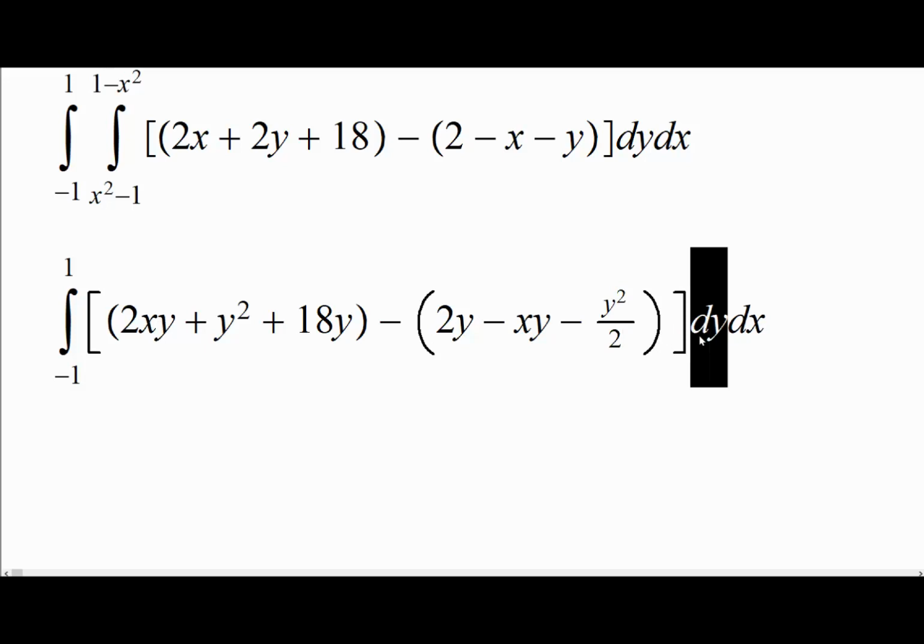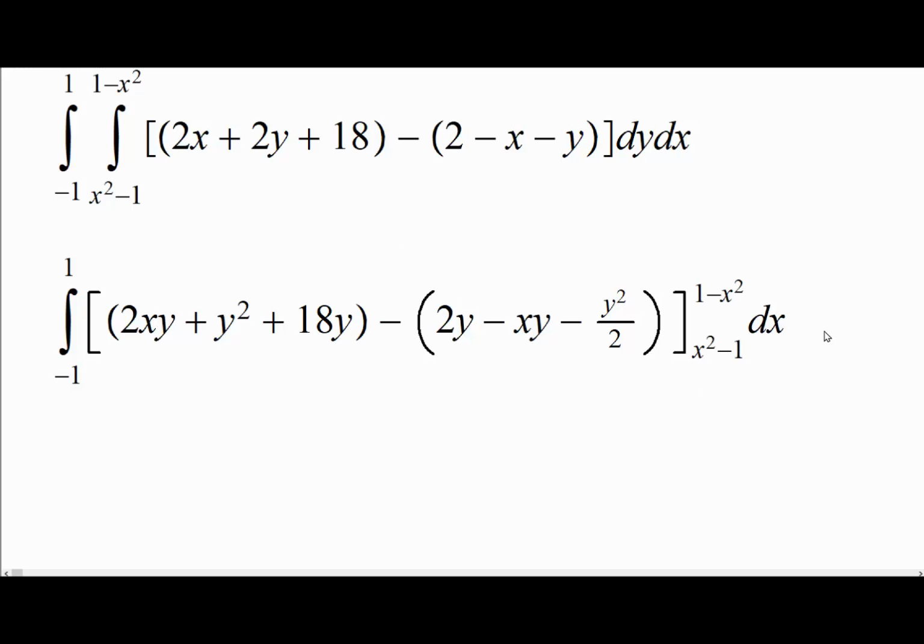And our upper limit is 1 minus x squared, and the lower limit is x squared minus 1, right?